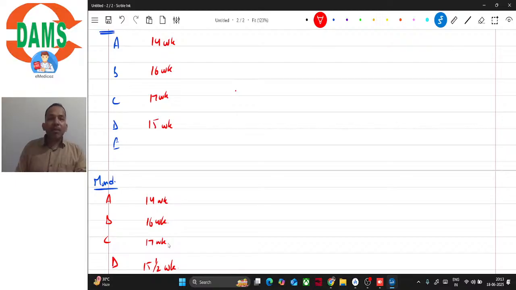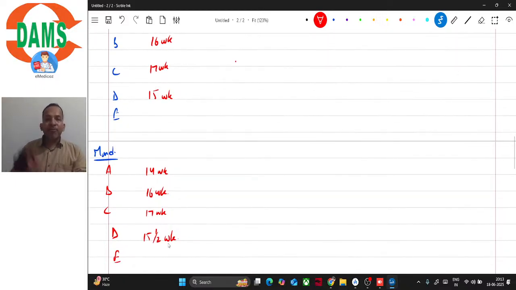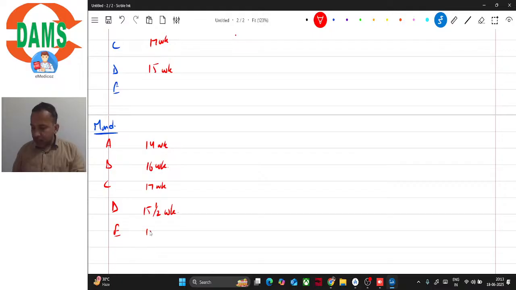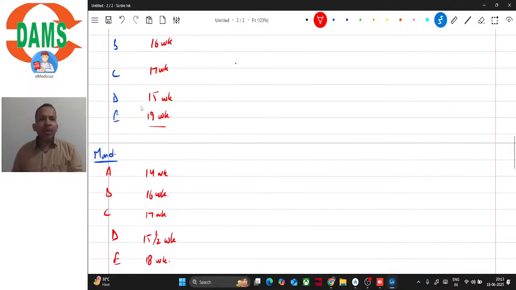Now we know that the mandibular first molar initiated after the maxillary first molar, but the mandibular second molar will initiate before the maxillary second molar, isn't it? So the lower second molar initiates at 18 weeks, whereas the maxillary second molar initiates at 19 weeks, right? So that's how we can remember these dates.